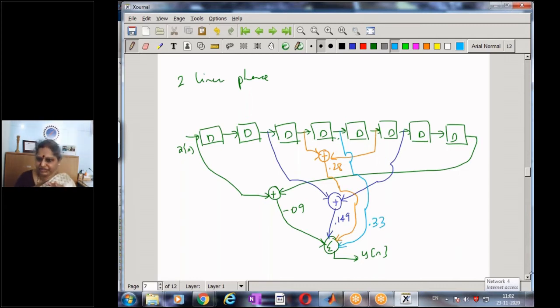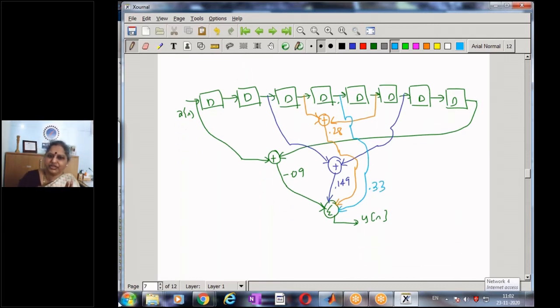So this is an efficient method. Of course, instead of drawing it as a linear structure, you can draw 4 up and 4 below, and then that looks a little better. It looks better, but yes, the concept is the same.